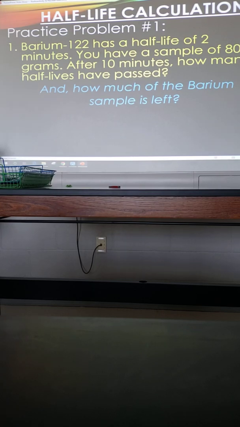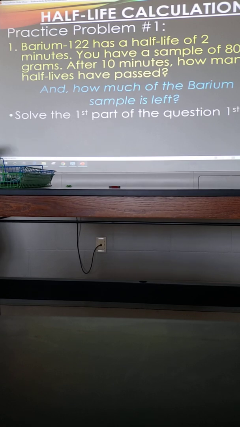The second part is how much of the barium sample is left. All right, so here's what we're going to do. We're going to solve the first part of the problem first. That kind of makes sense. Next thing we're going to do is ask ourselves, what do we see two of? Do you see 2 times, or do you see 2 sample amounts?